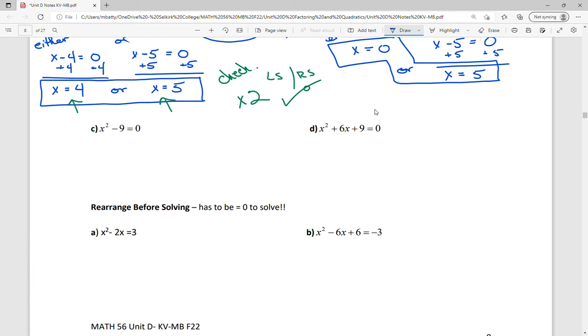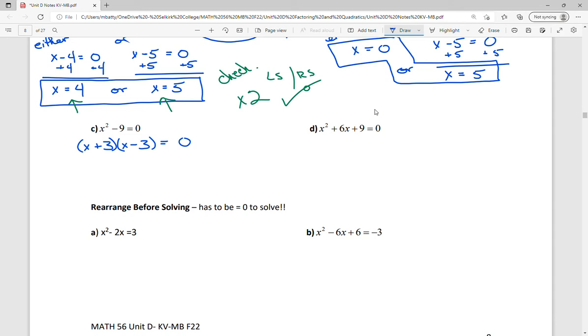So assuming that your factoring is pretty decent, for C, when I take a look at this, I don't have three terms, so I'm not going to do the AC test. I don't see a greatest common factor, but what I do see is a difference of squares. So using my difference of squares pattern, I would factor my quadratic. And now that I have it factored, I apply the zero product principle.